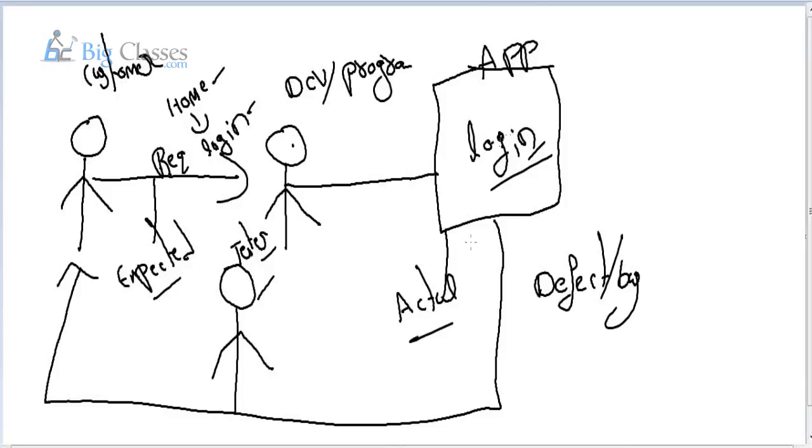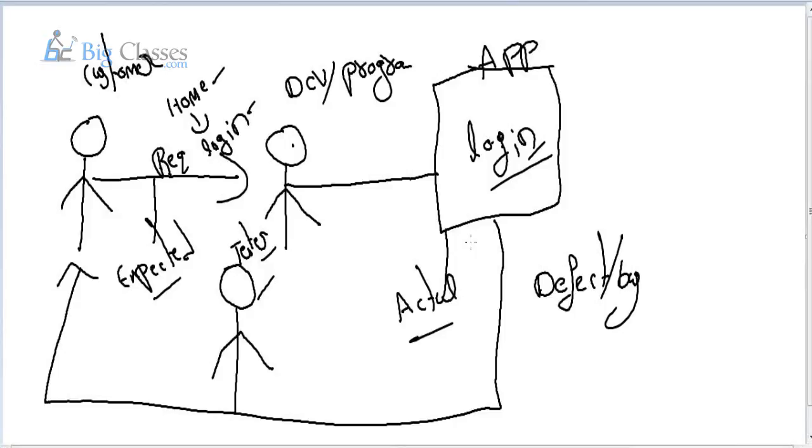We compare whether the expected value is equal to the actual value or not. Understand this? So guys, by using this diagram, I hope you can easily understand the definition of software testing.